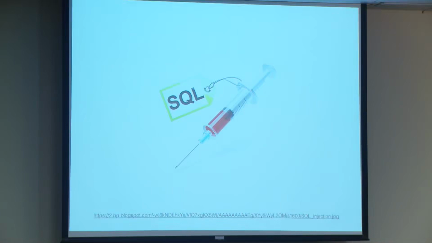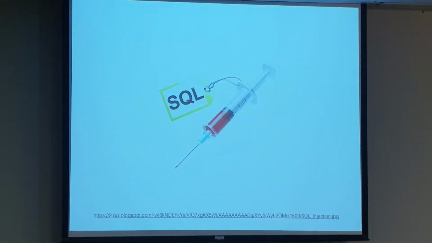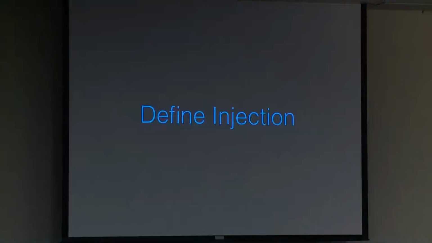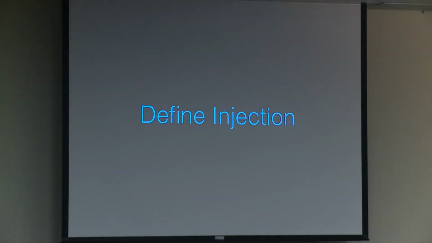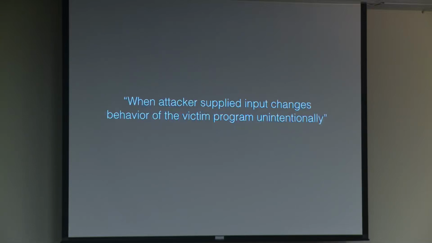So there's a lot of types of vulnerabilities. Typically, we talk about injection vulnerabilities as things like SQL injection and cross-site scripting, command injection. But I want to define this a little bit more, and I want to expand upon what we traditionally consider as an injection attack. Instead, I want to define it a little bit differently and say it's any time attacker-supplied input changes the behavior of a victim application unintentionally.